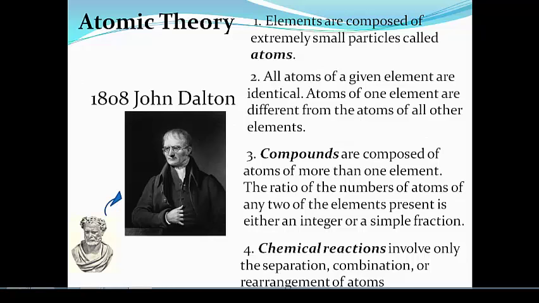That's easy to remember because, for example, an atom of hydrogen is the same as every other atom of hydrogen. They're exactly the same. That's why they're called hydrogen. And the atom of hydrogen is not the same as the atom of iron. Well, obviously, because they're different atoms. So that's basically what number 2 says, that all atoms of a given element are the same.